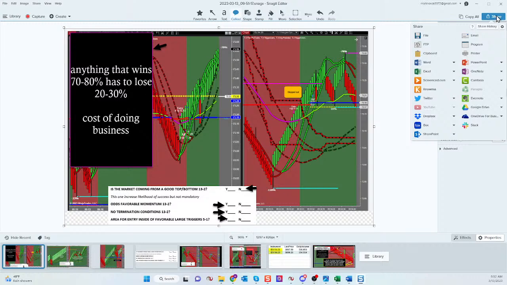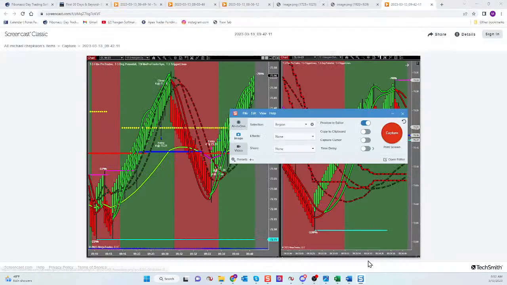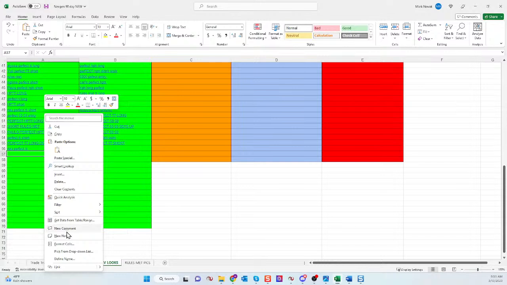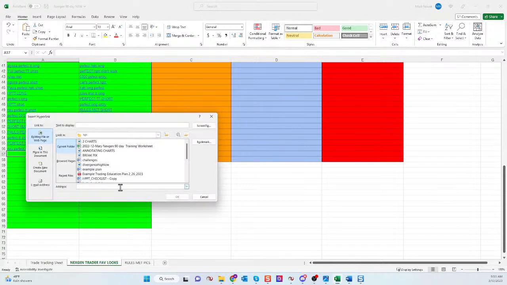I'm going to upload it to screencast. And this may seem weird to you guys, but I'm about to put Buck Blue's loser right into my spreadsheet because it's an amazing look. Because it is a 100% rules-based trend trade. And because I know that this isn't a trade that's going to work 100% of the time, right?